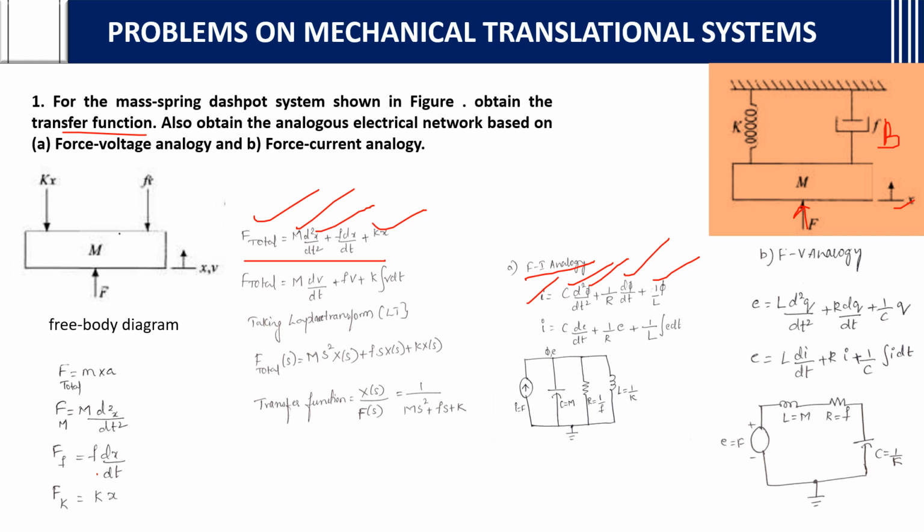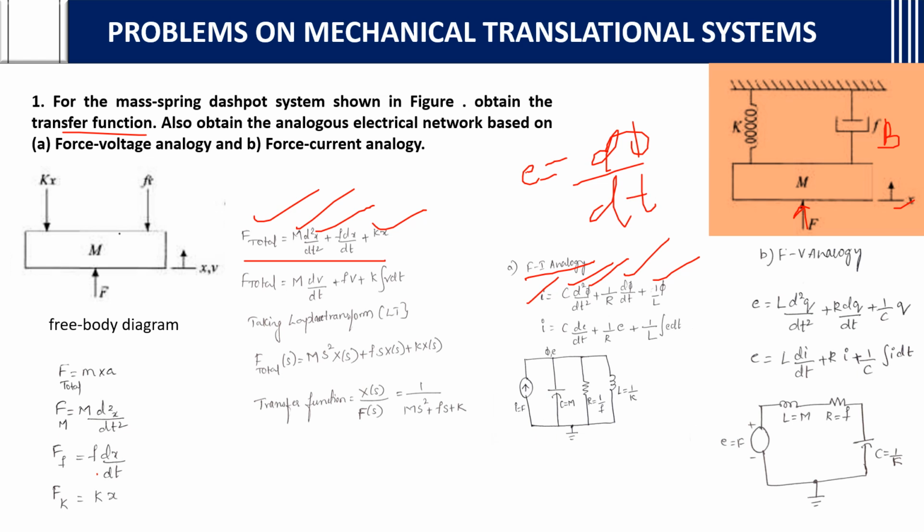So we can convert this phi into voltage also. I equals C into dE by dt plus 1 by R into E plus 1 by L into integral E dt. How we are writing this is the same. You know that E equals d phi by dt; voltage is nothing but the rate of change of flux.